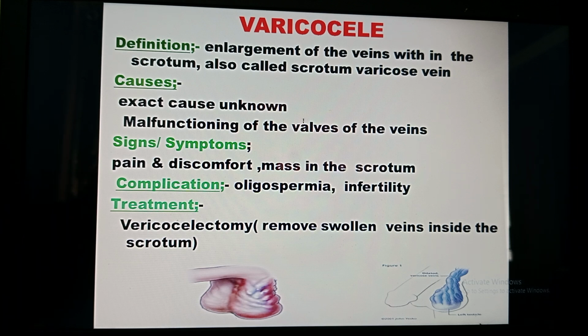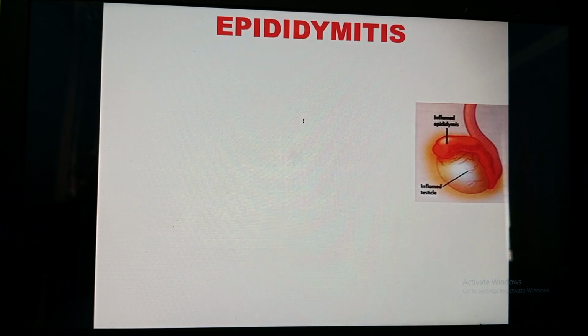Through this surgery, the sperm count will increase and the problem of infertility will disappear. After the surgery, as usual, the client will be treated with a painkiller, and with antibiotics if there is any indication of infection, and complete bed rest for a few days is required. Okay. The next is epididymitis.